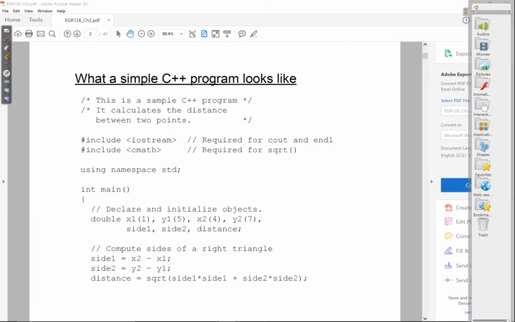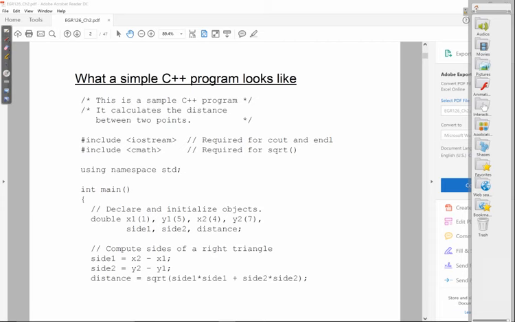In these two lines, the include iostream and the include cmath are actual C++ commands. The computer actually tries to interpret those commands, but then it keeps going and encounters the 2 slashes. Those 2 slashes tell it that the rest of that line is a comment, so the computer ignores what comes after them. Then it goes to the next line, and now it knows that's no longer a comment.